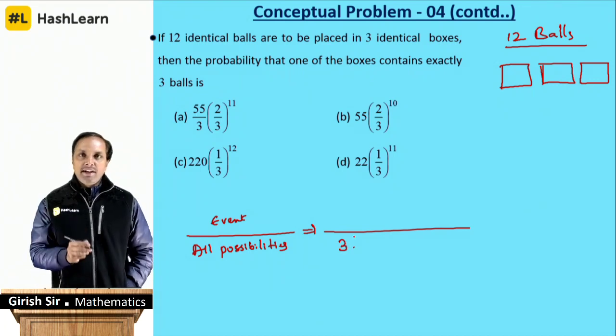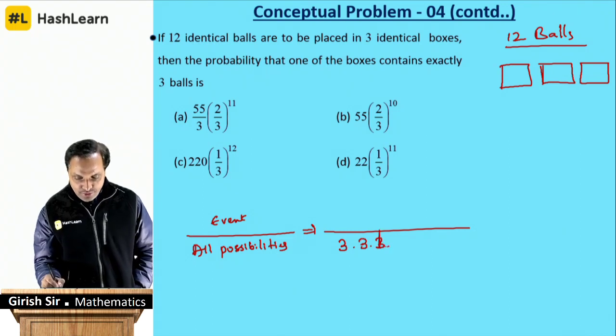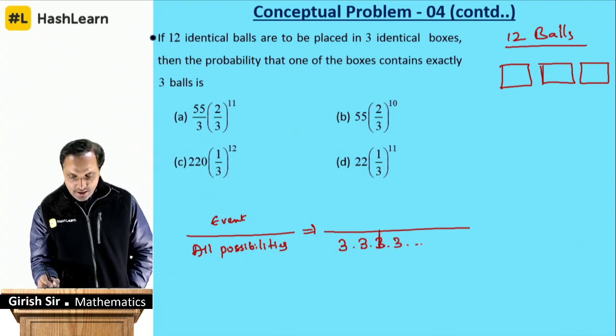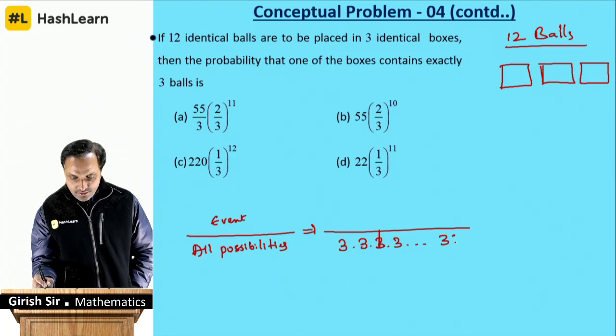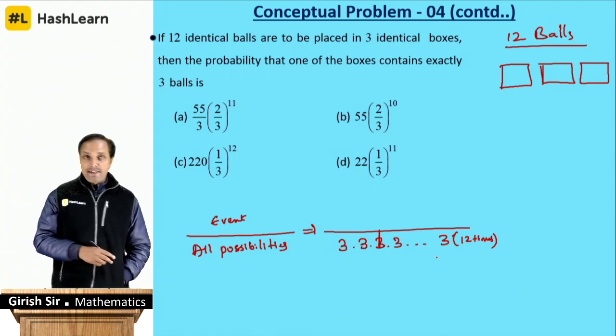Second ball I am going to pick, 3 ways. Third ball, 3 ways. Fourth goes on up to 12 times, because 12 balls are there, that will be 12 times.